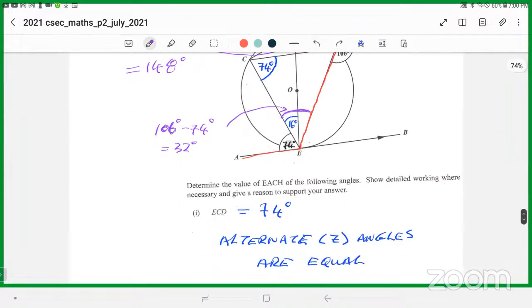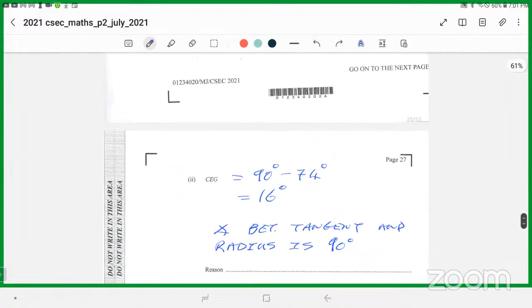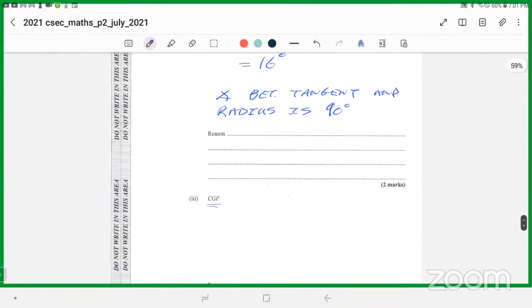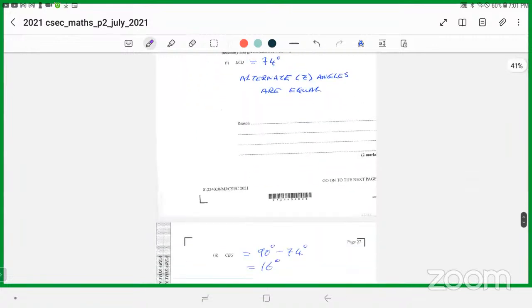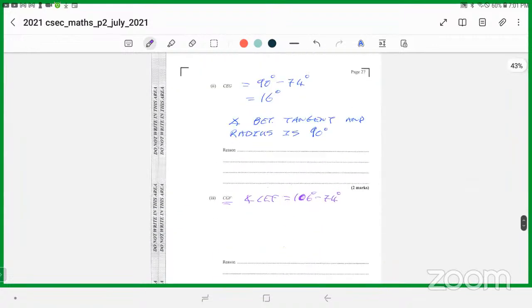First, I'm going to say angle CEF is 106 minus 74. That's what we said, right? Which is 32 degrees.